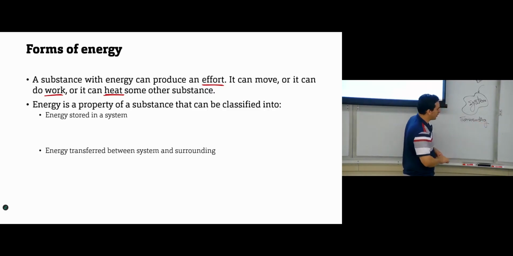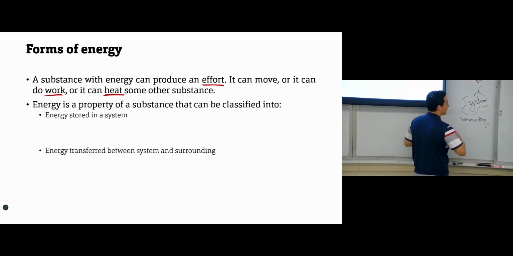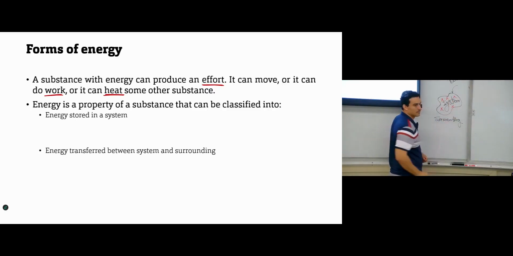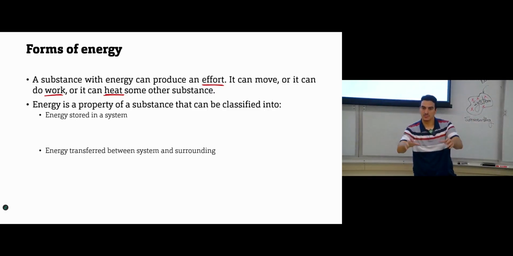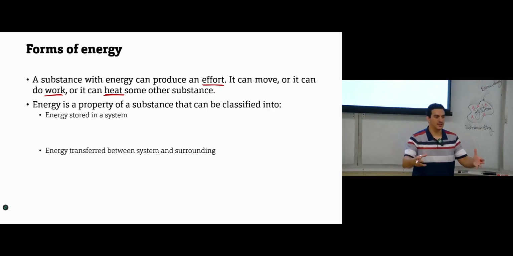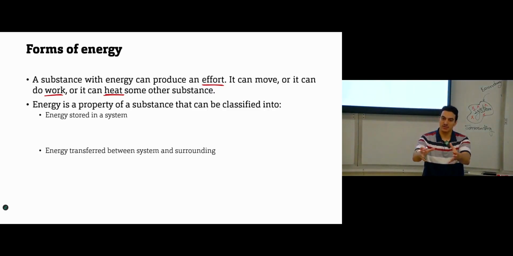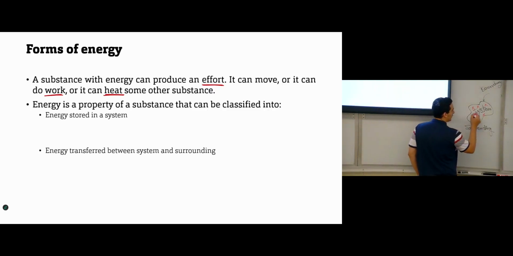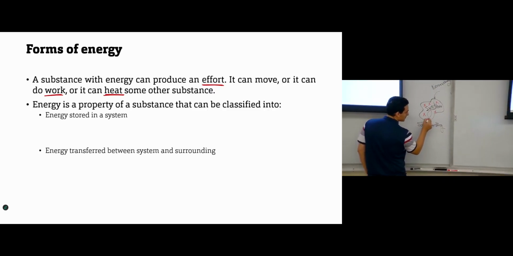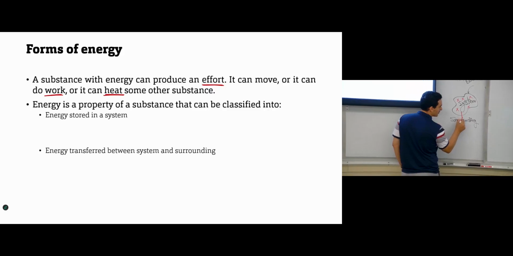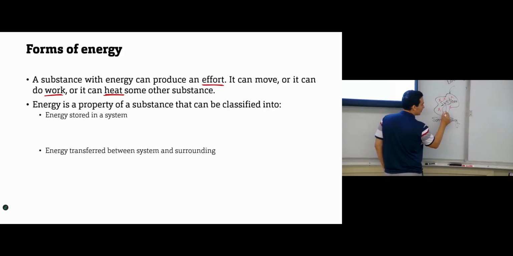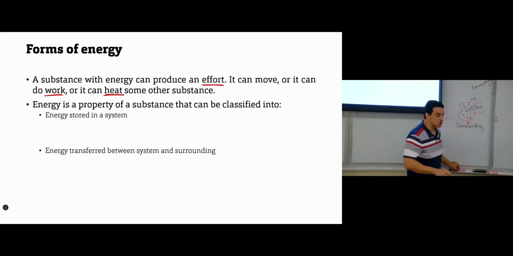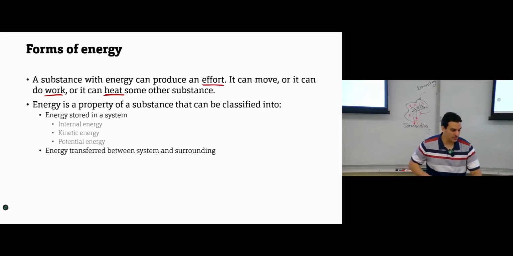So category number one of the energy is that energy can stay inside the system, just remain inside the system. Even if it changes, it will change in value, but it will be inside the system. And we have types of energy that can cross this boundary, moving from the system to the surroundings, or from the surroundings to the system. So these are two categories: energy stored or energy transferred.